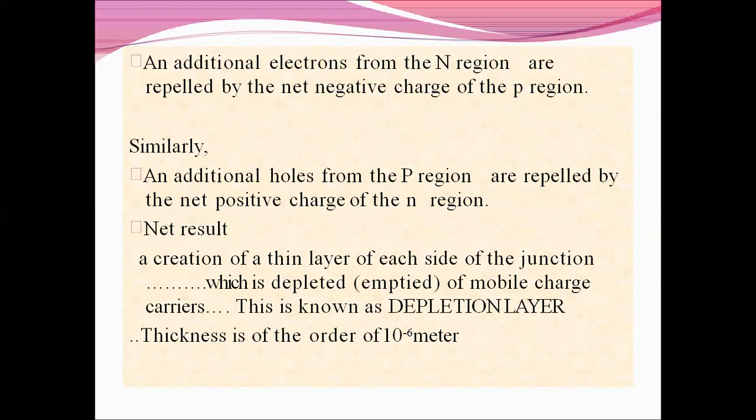The net result is the creation of a thin layer on each side of the junction which is depleted of mobile charge carriers. This is called the depletion layer. Its thickness is in the order of 10 to the power minus 6 meter.